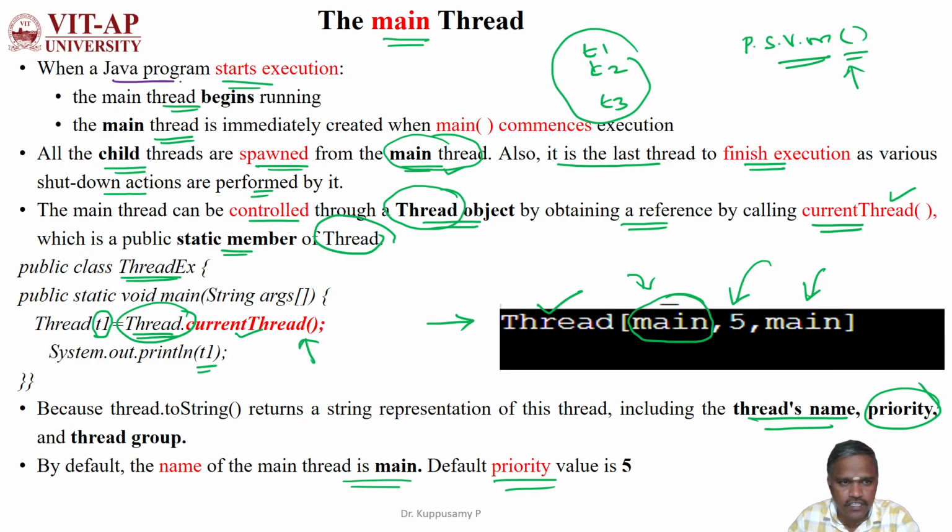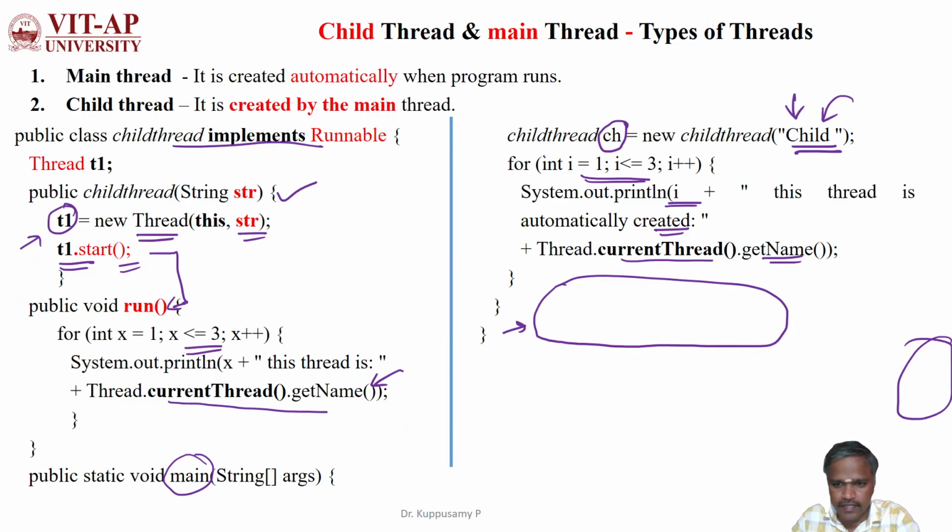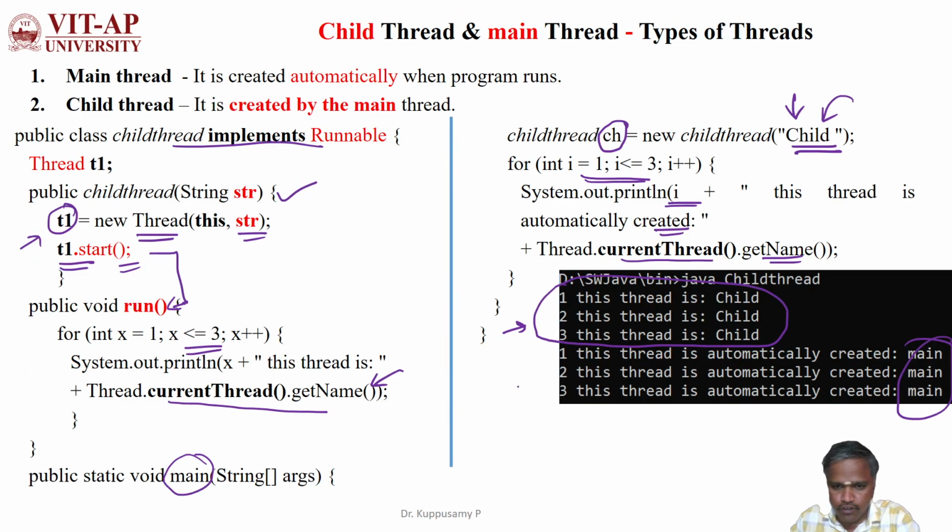Once the Java program starts execution, the main thread is automatically created and it will run. Whenever the main method commences its execution, the main thread is created and processed by the Java runtime environment.